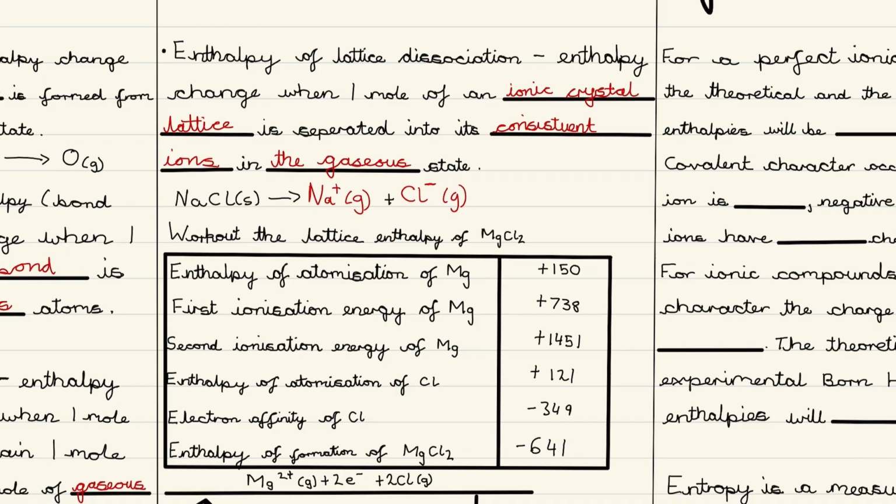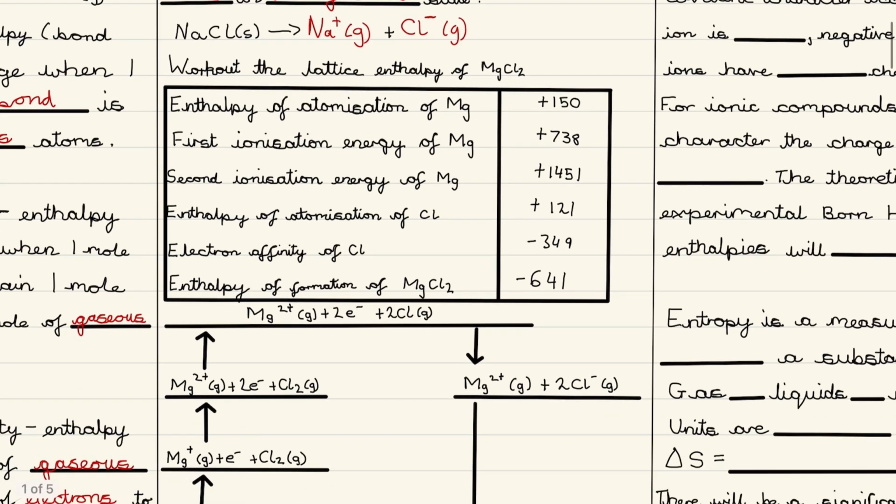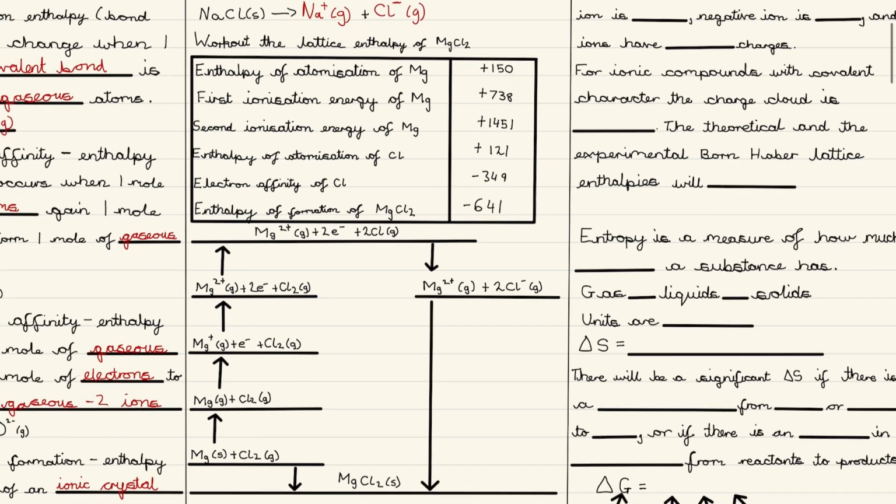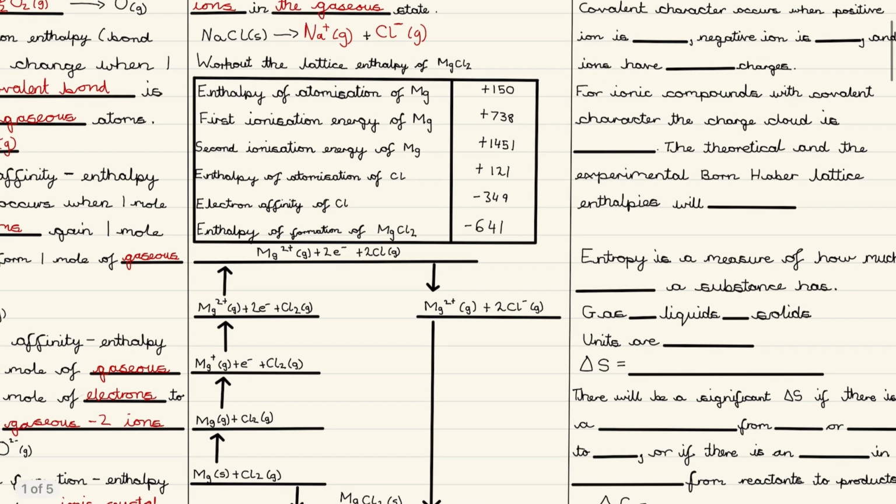Okay, so we can use all of these definitions to work out a certain enthalpy using a Born-Haber cycle. So for example, here we have the enthalpy of atomization of magnesium, so that's 150, and that would go over here. And then the first ionization energy of magnesium is 738. And the second ionization energy is 1451.